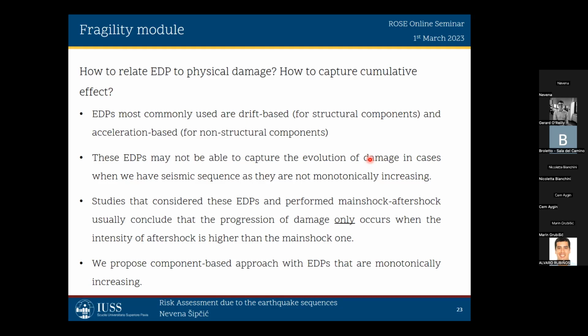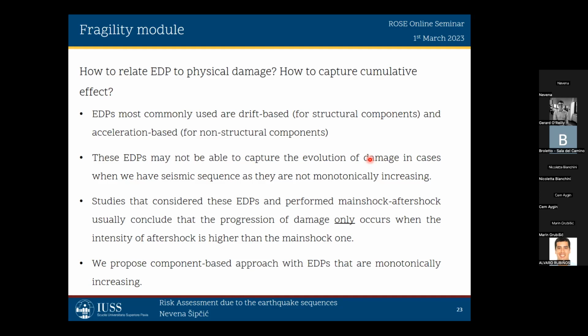You can imagine that you have your building and a main shock event, and you have some maximum interstory drift. Then you have an aftershock event, which has, for example, lower intensity, and you don't observe a higher drift, but nonetheless, you see additional damage. So this simply means that using drift might not always be a good choice.